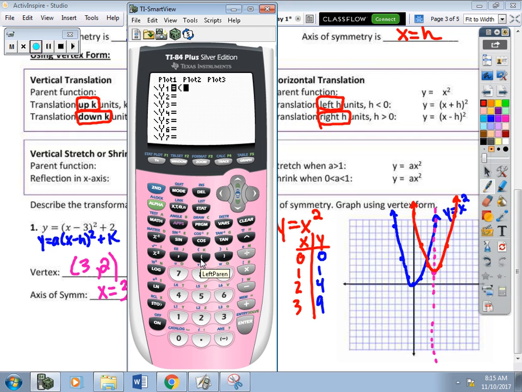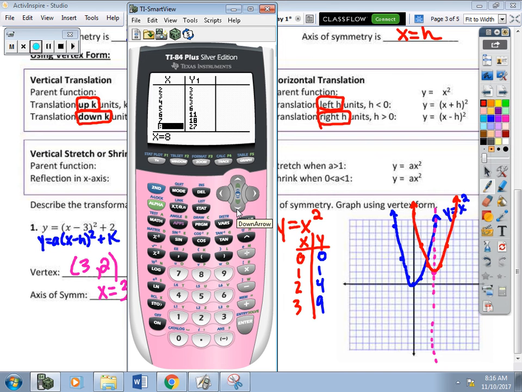You'll type it in exactly as it's written with parentheses. And then plus 2. So x minus 3 quantity squared plus 2. Again, you could press graph and see the picture of it if you want. You could still find the vertex how we did before, but it's kind of a waste of time when the numbers are right in front of you.